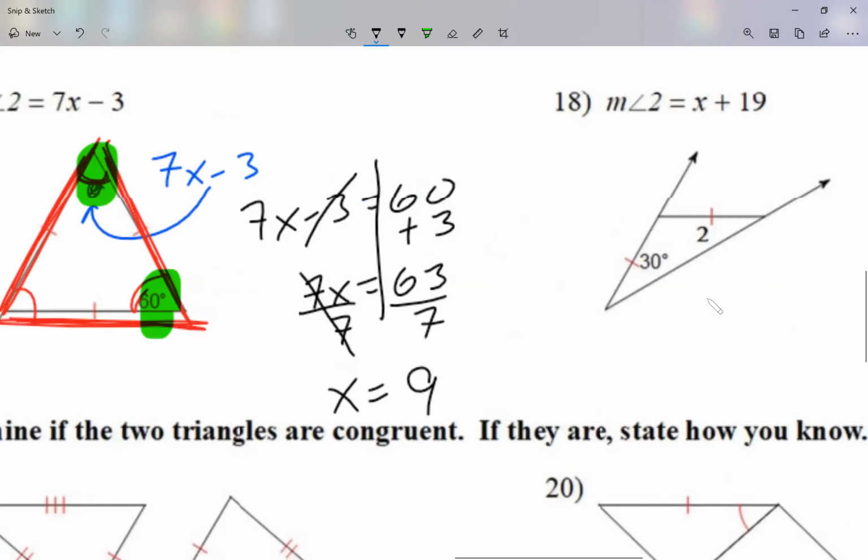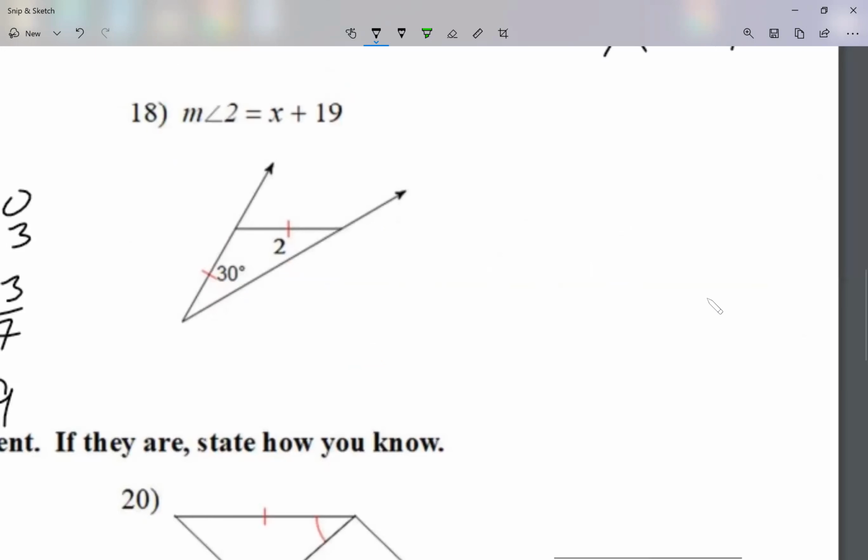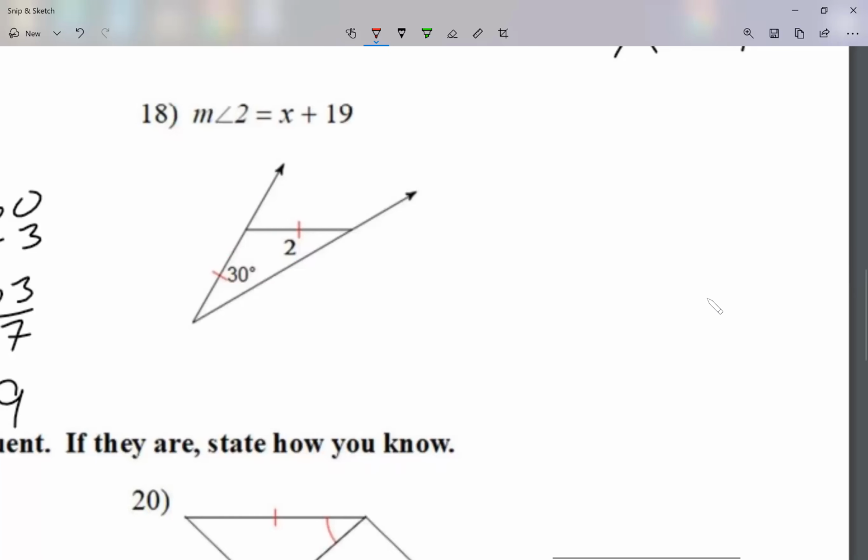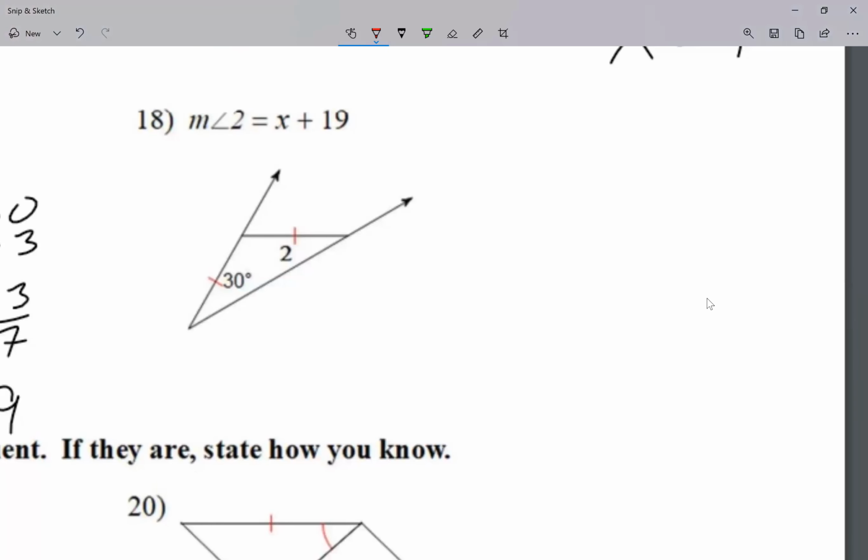Let's take a look at number 18. Sometimes we see that 30 degrees. Now, some people might ask me, Mr. Leonzo, is that 30 degrees this corner or is that 30 degrees this corner? In that case, I will tell you, what do you think?